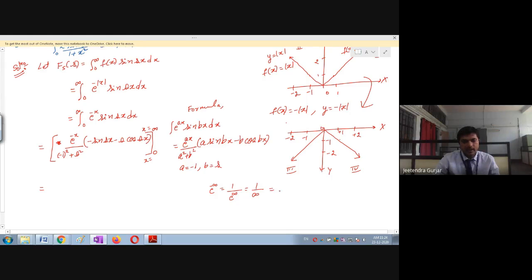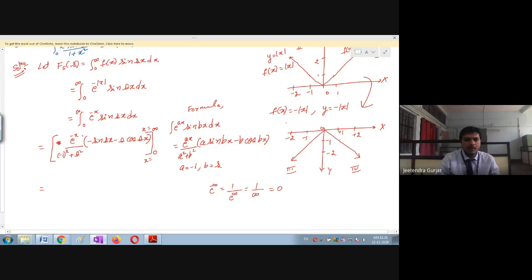Yes, students, you are right. This is 0. Please remember this, students. Okay, now you can see x is equal to infinity means e raised to minus infinity will become 0.